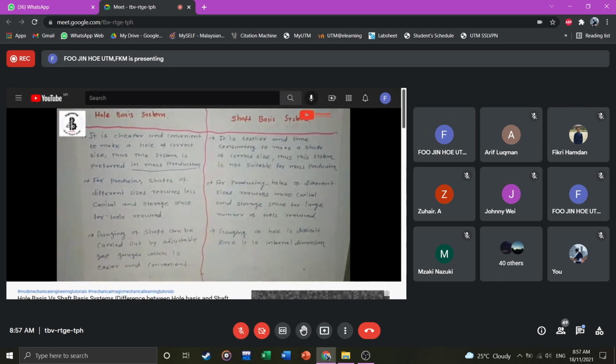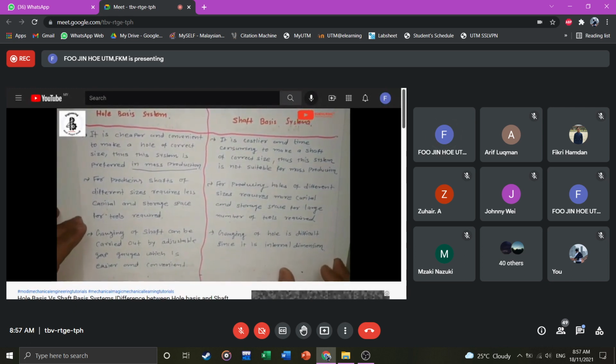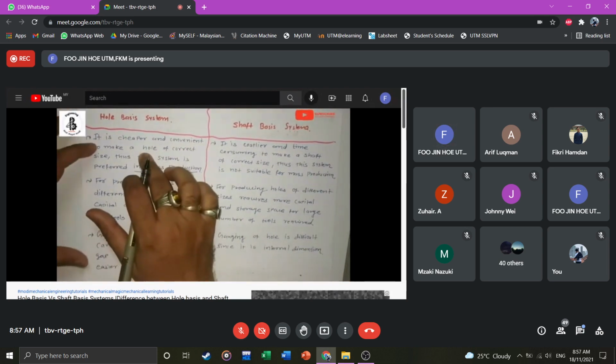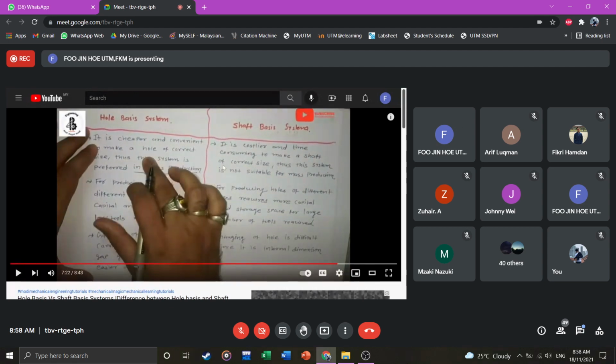So whenever there is a requirement of mass production in any kind of production, this has good feasibility. Like I mentioned previously, the hole basis system is more preferred because it's easier to make a hole than a shaft, because of the cutters involved and the process used to produce the hole and the process used to produce a shaft.